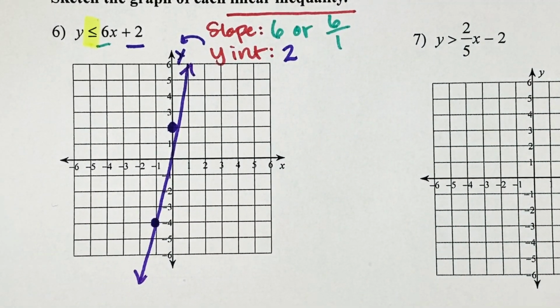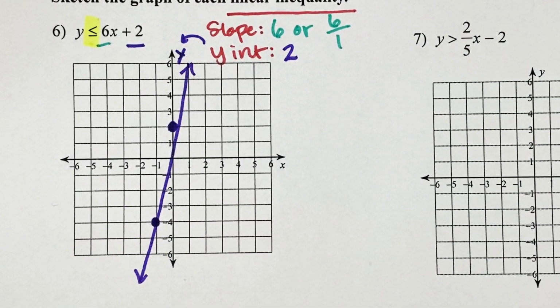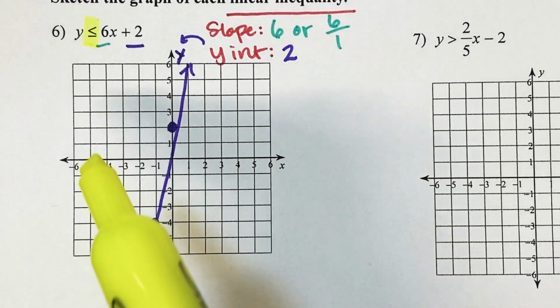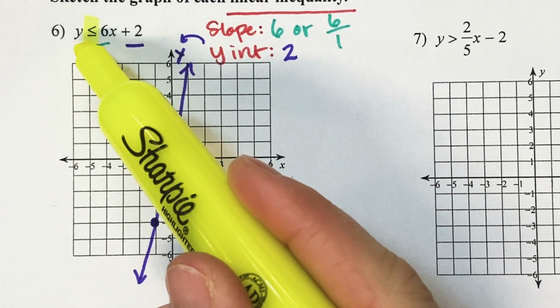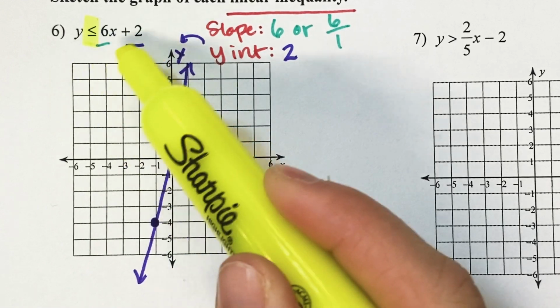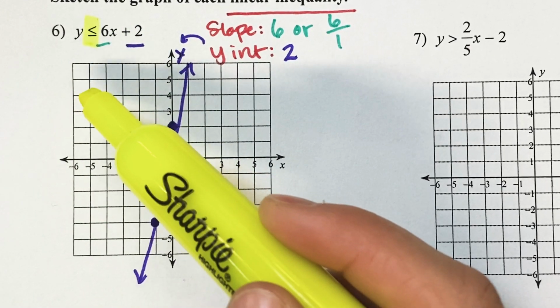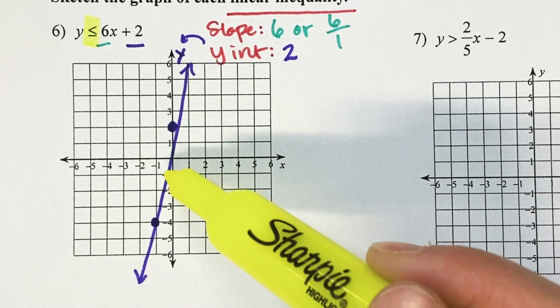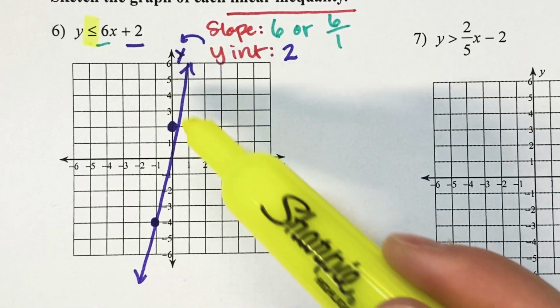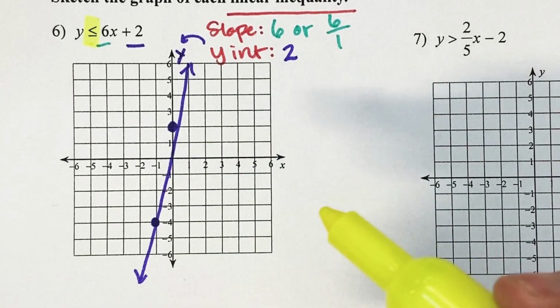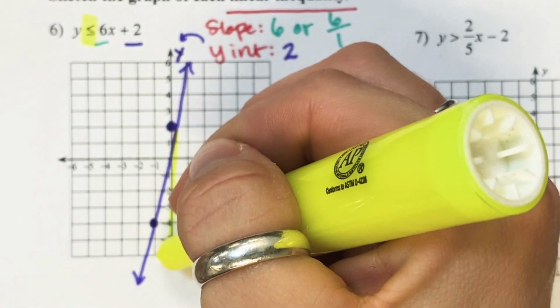Okay, and the last thing we need to do is shade. This is saying y is less than or equal to this expression. Where are my y values getting smaller? Am I going to shade the y values up or down? Where are they getting smaller? We're going to shade them down.